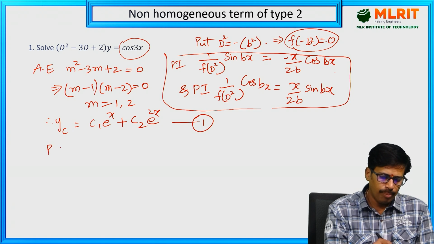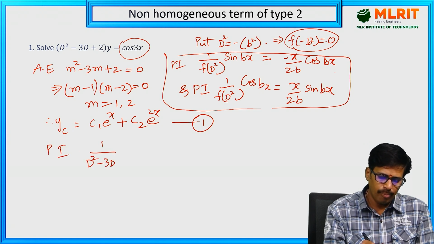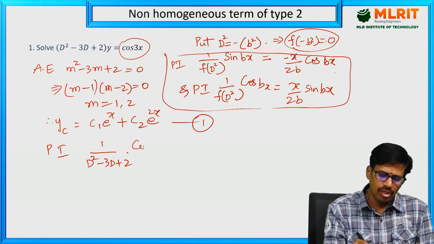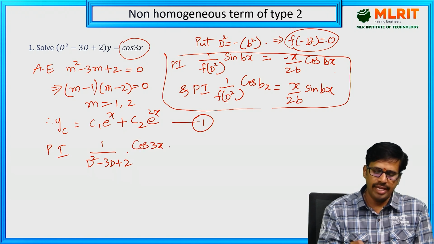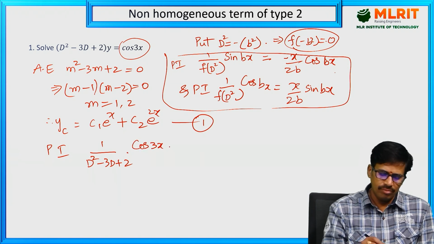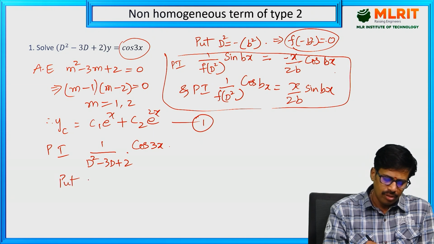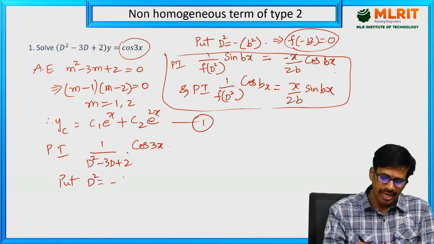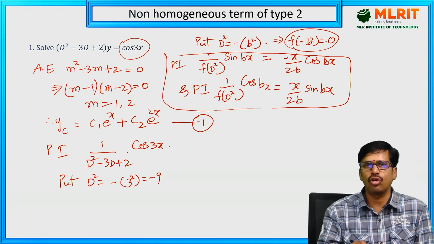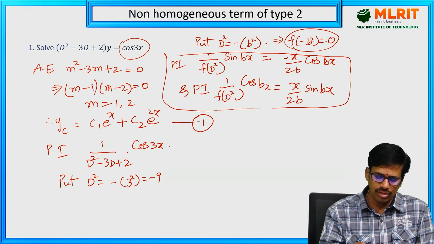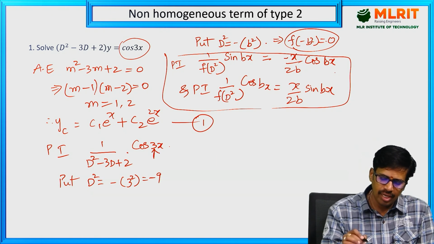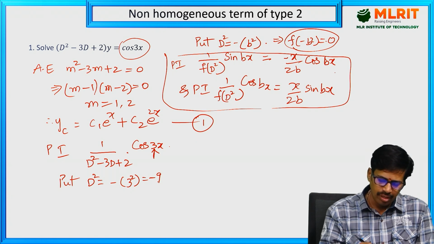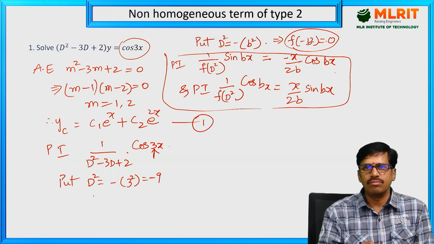Now to find the particular integral, 1 by d square minus 3d plus 2 acting on cos 3x. What is the procedure? Put d square equal to minus of 3 square, which is minus 9. It's not minus 3 whole square, it is minus of b square, so b means 3, so minus 3 square. Only in place of d square, forget about d.